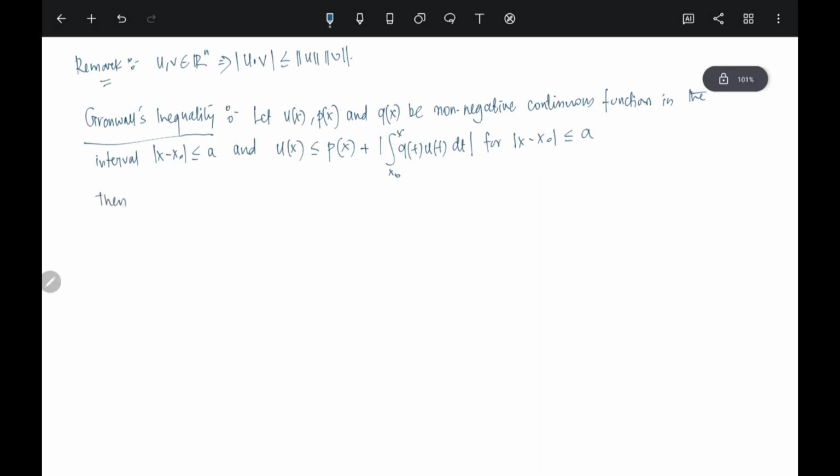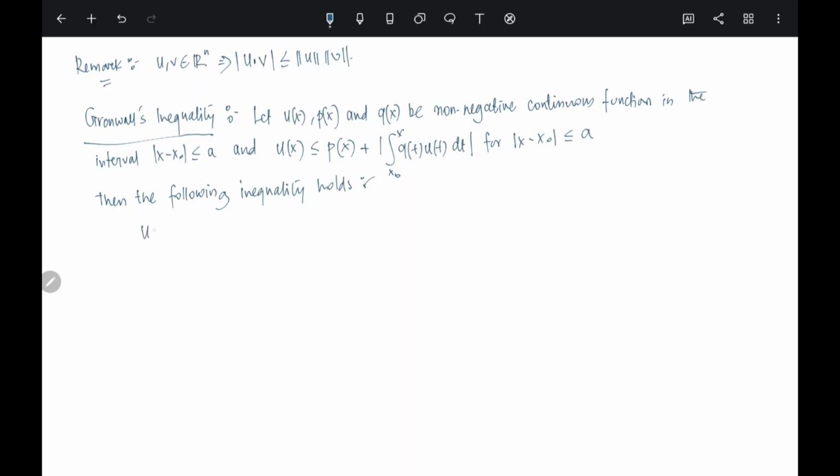Then the following inequality holds. So what is this inequality?